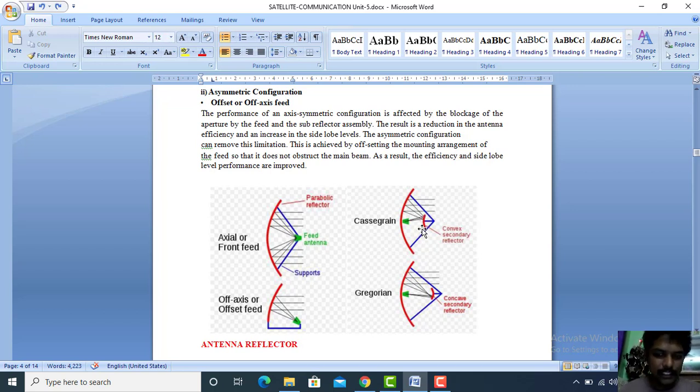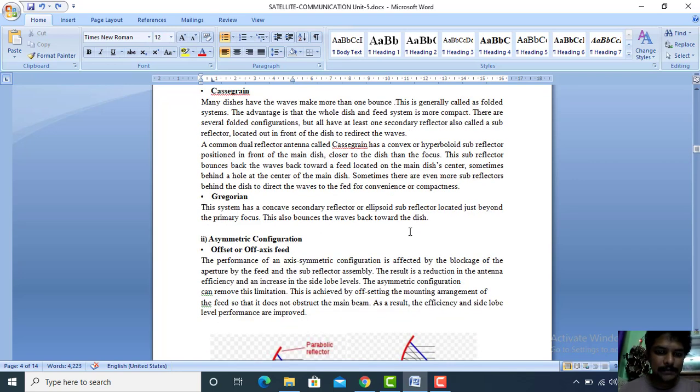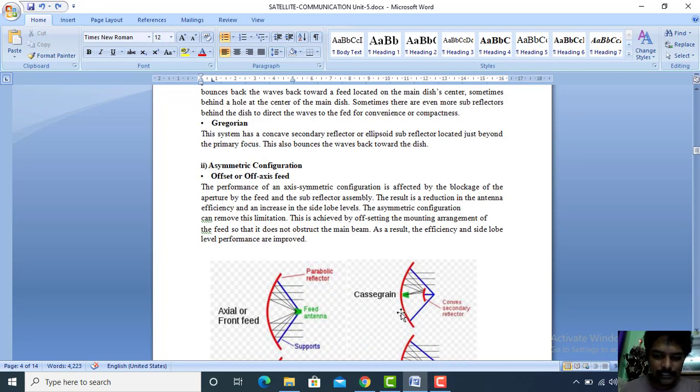What this indicates is that the feed antenna propagates the signals in one direction towards your secondary reflector.